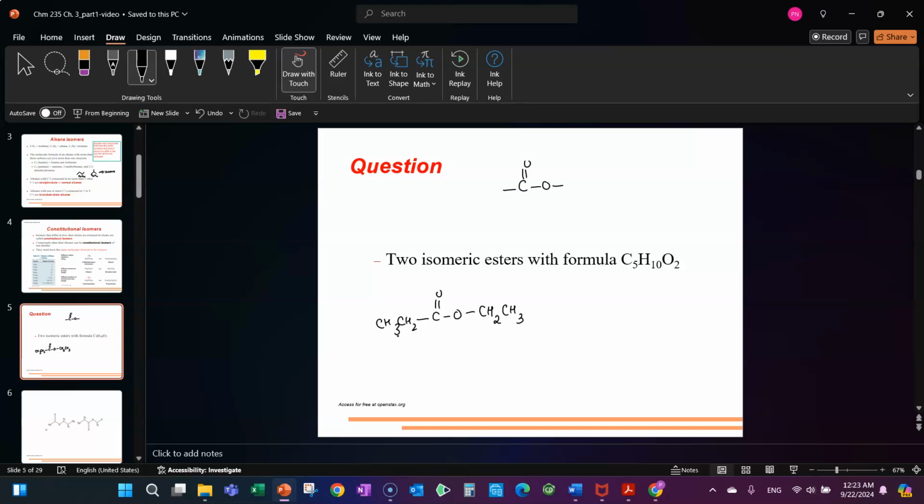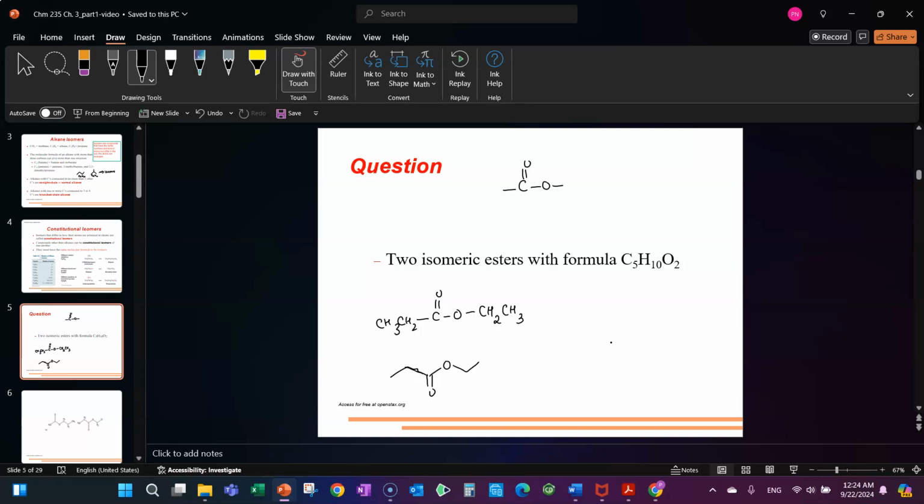Then count the number of hydrogens: 3, 4, 5, 6, 7, 8, 9, 10, and then the ester functional group. So this could be one possibility. Maybe we can draw this in a skeletal structure. Sometimes the skeletal structure gives you a better idea of how the molecule looks. So this is the skeletal structure of this compound.